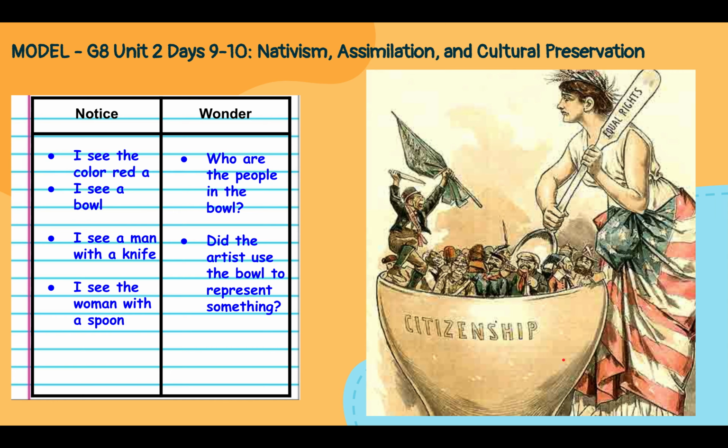There are many other details that I'm sure I'm missing here, but I'm sure you'll be able to capture those as well. Some wonderings that I was able to come up with is, who are the people in the bowl? Did the artist use the bowl to represent something? These are just questions that pop into my head, just curious questions.